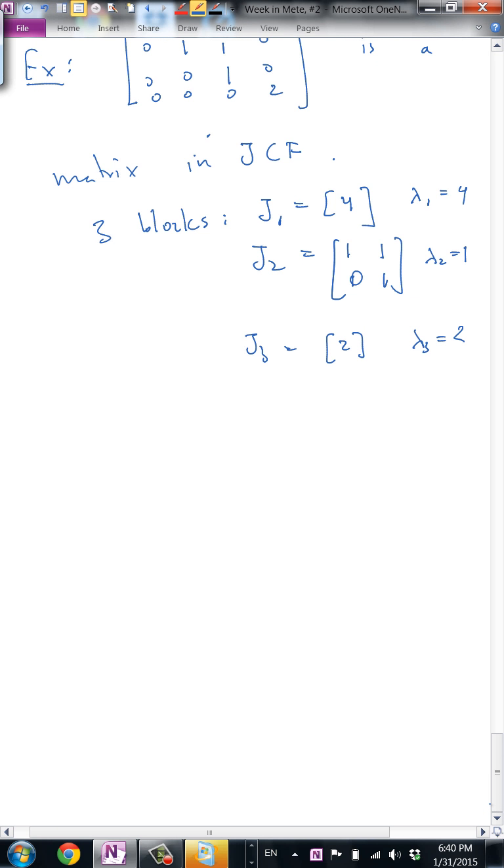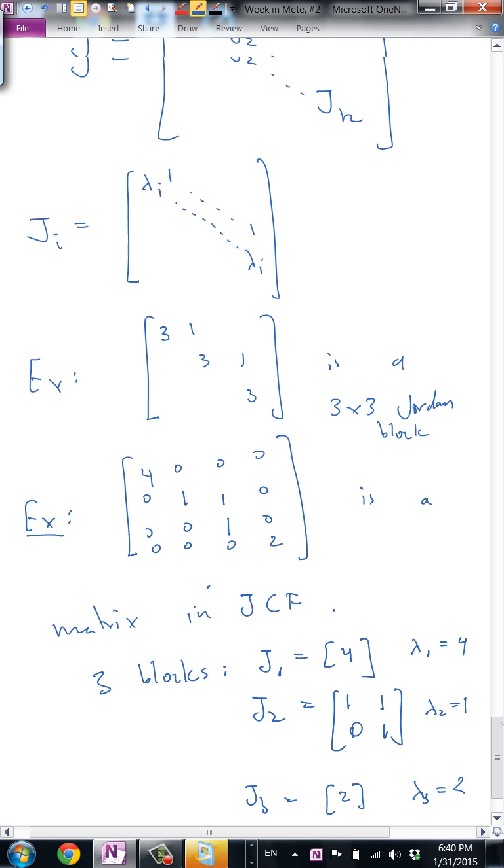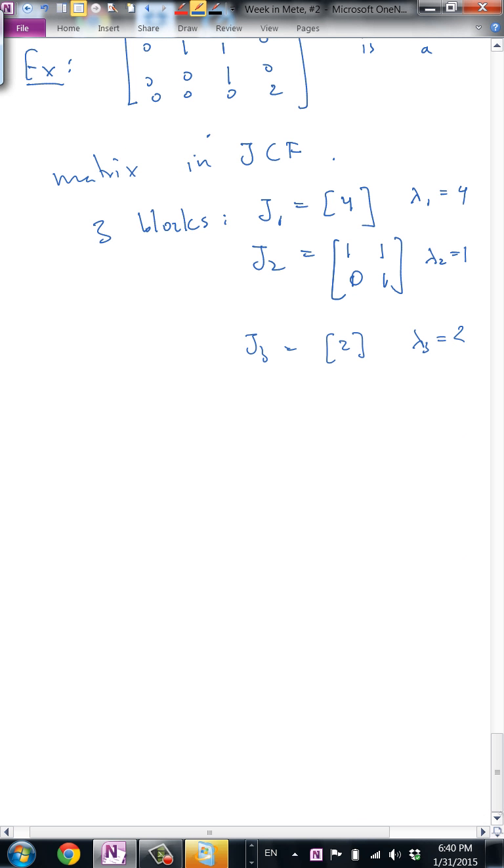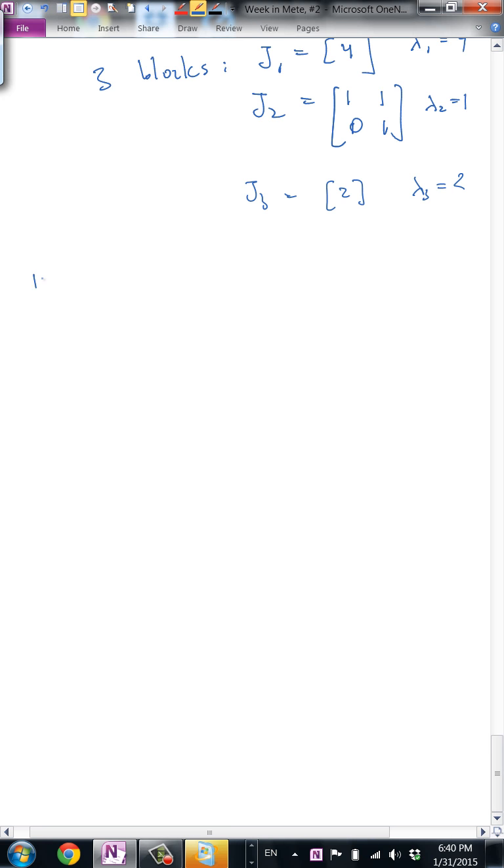So this is Jordan canonical form, and we saw some examples in class, and you'll have more practice on the homework. And the key point is the following.